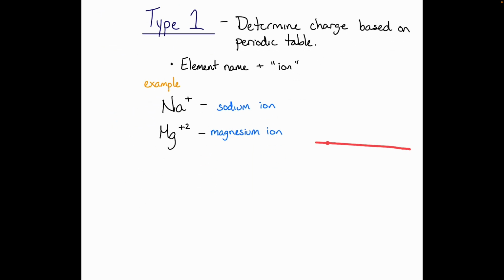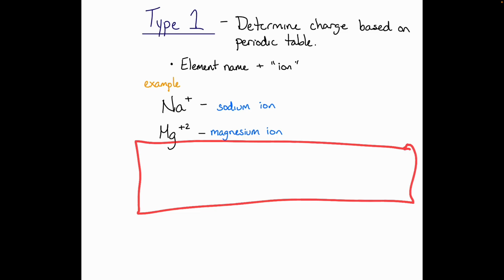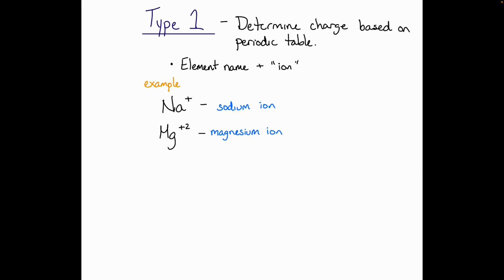I'm going to leave some room right here because I'm going to complicate things in a little bit, but I first want to introduce our next class, what we call our type 2. All right, and in contrast, unlike our type 1s, this means that you cannot determine the charge based on the periodic table.